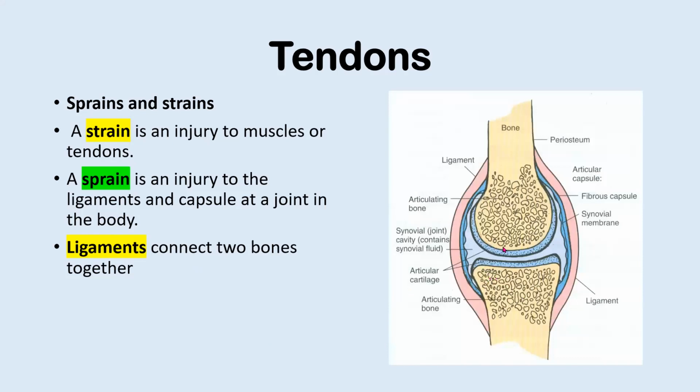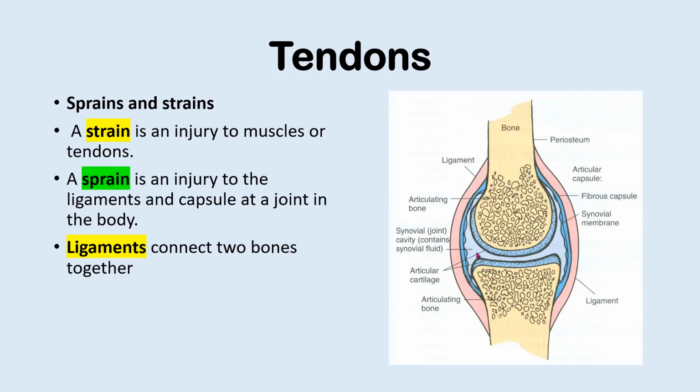So if we have two bones here, you have the ligaments holding it this way, but with the knee, the ligaments are in the middle, in the cross. That's why they're called cruciates. There's also fluid in there so when the bones move, it doesn't grind, and that's called synovial fluid.